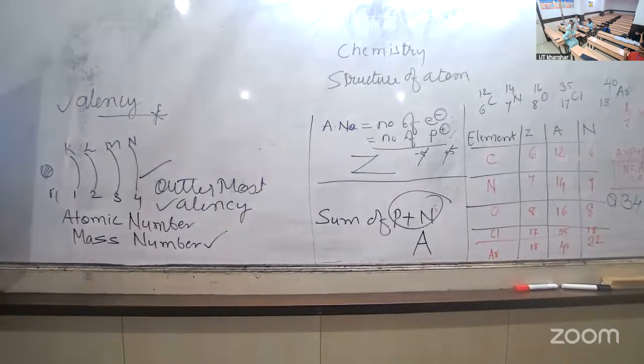But they are distributed around the nucleus in a particular orbit. Specific correct answer you are saying A. Okay. Electrons are revolving, right. Electrons are revolving, and the shell concept like this. Come on, next.